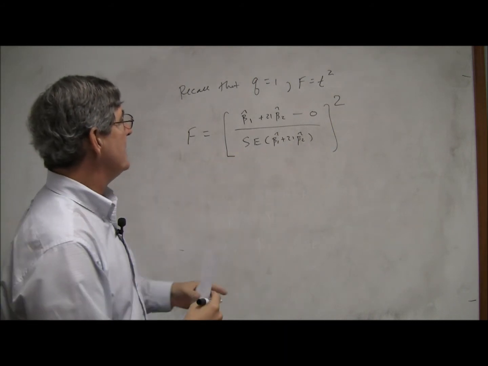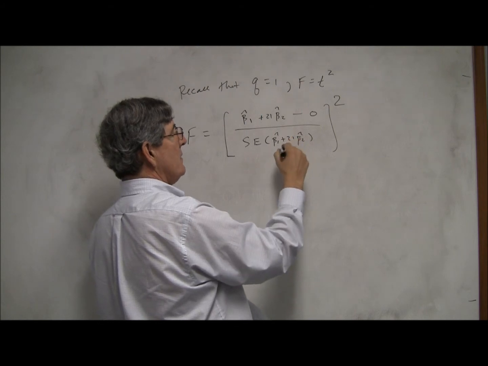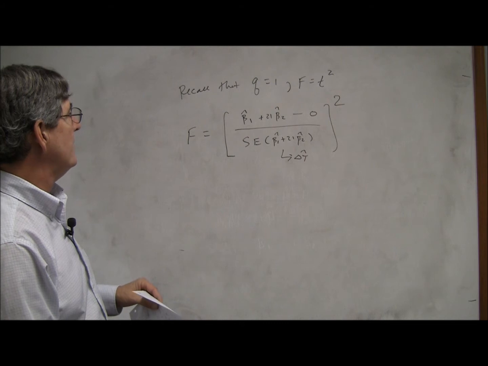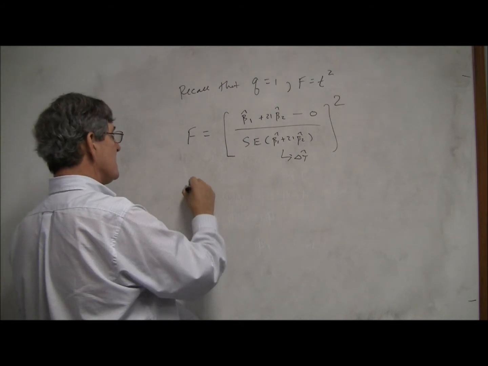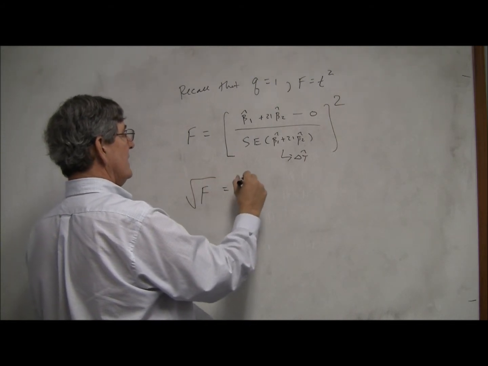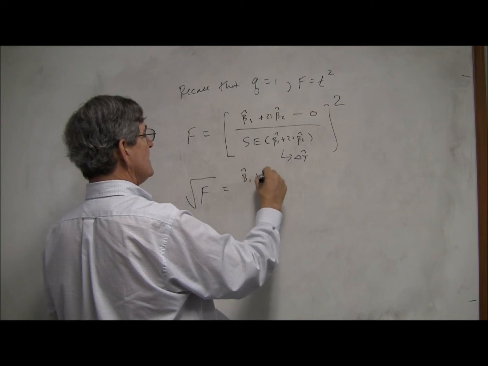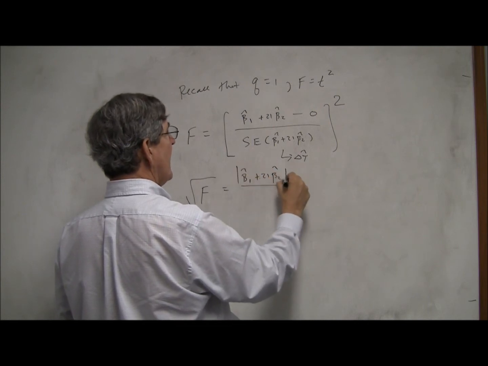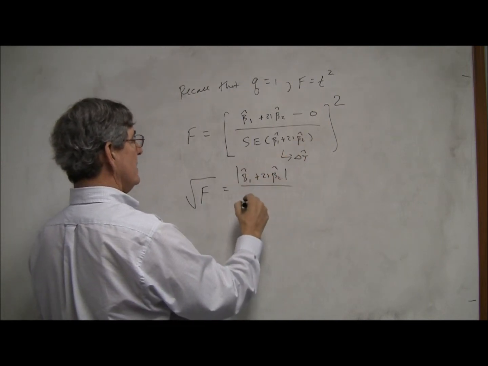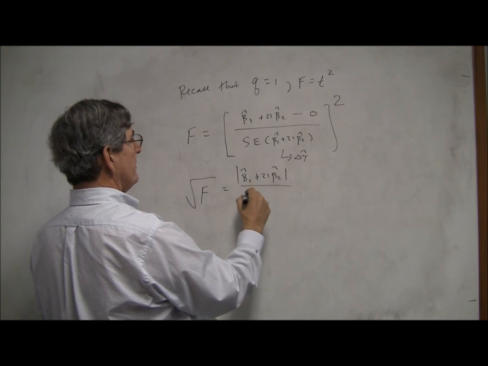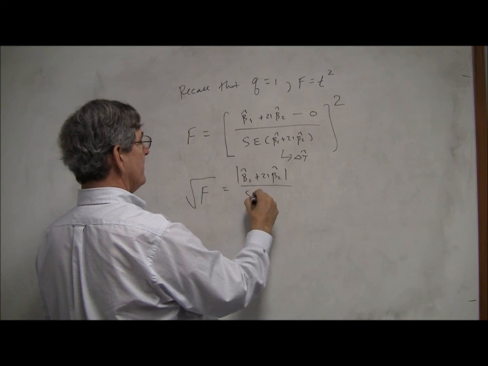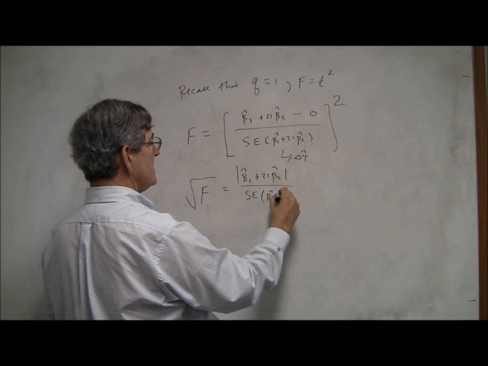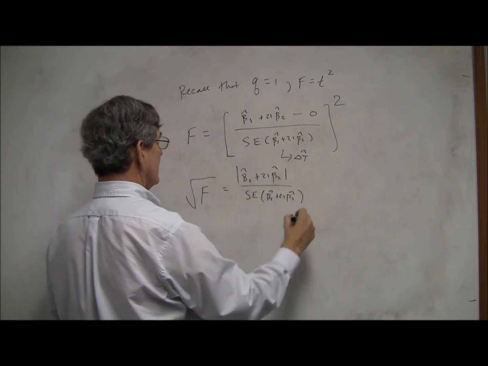And this beta 1 hat plus 21 beta 2 hat is the change in y hat. So now I know that the square root of F is beta 1 hat plus 21 beta 2 hat over an absolute value, because we've taken the square root and this can't be negative, over the standard error of delta y hat.